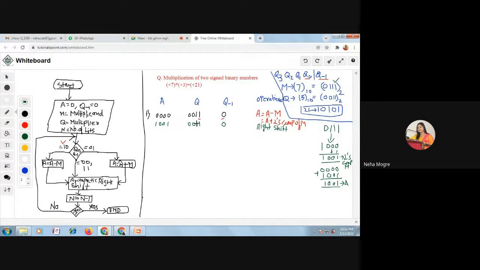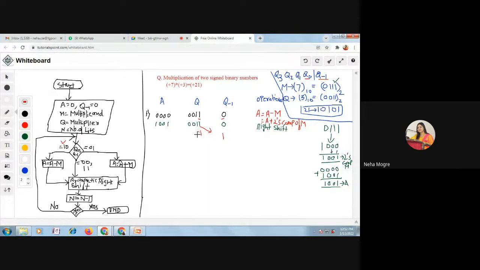Can you see my pointer? Yes, ma'am. Your values will be right shifted by 1, and this will be coming in this place. Circulate हो जाएगा ये right shift, यानी ये 0 यहाँ आ जाएगा और ये एक एक से right shift हो जाएगा. So see how I am performing. This will be here in the Q minus 1 position. This one will be here.